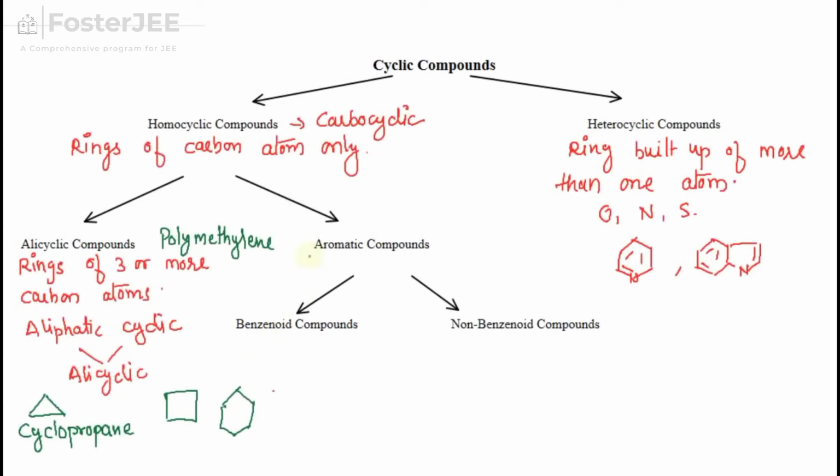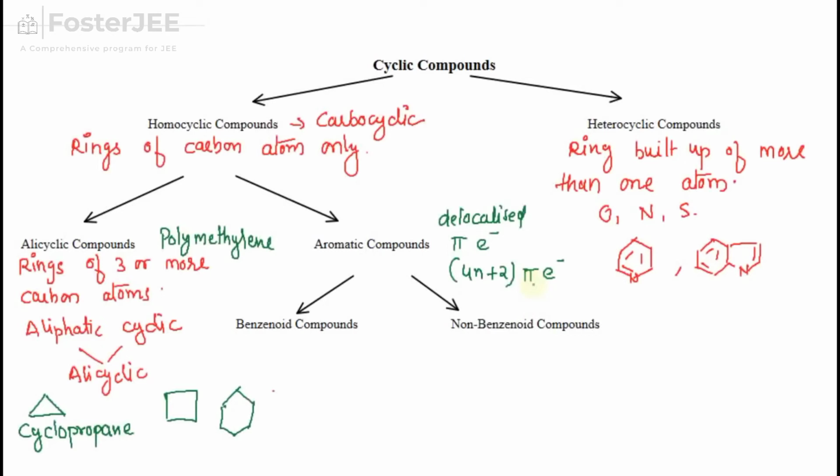Now the aromatic compounds. So aromatic compounds are the compounds which consist of a conjugated planar ring system accompanied by delocalized pi electrons. It follows the Huckel rule. That means the system should possess 4n plus 2 pi electrons in the rings.